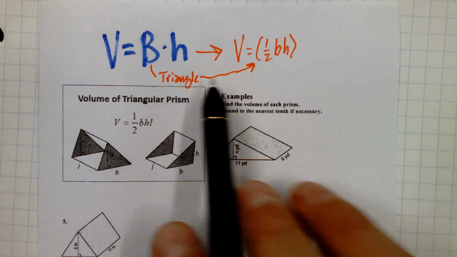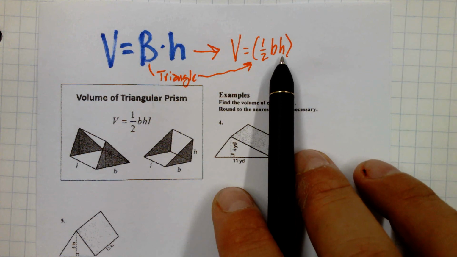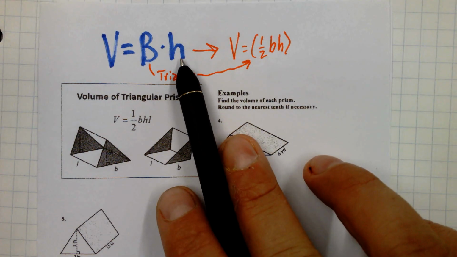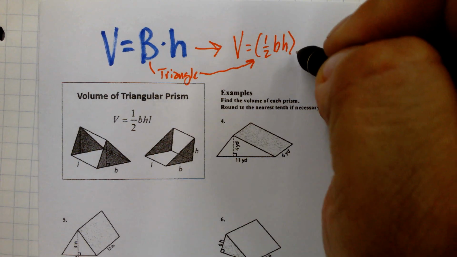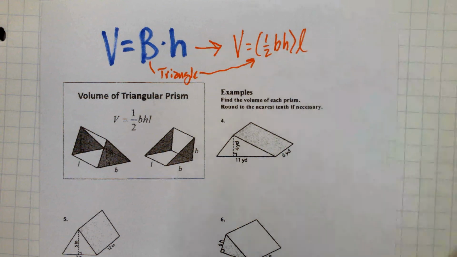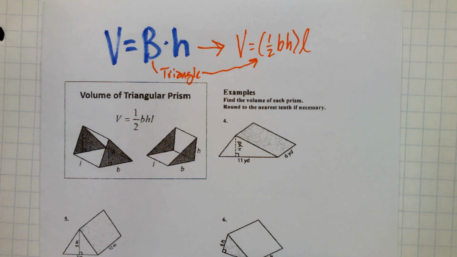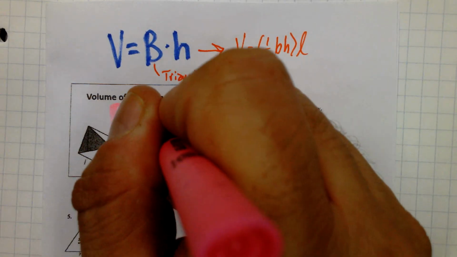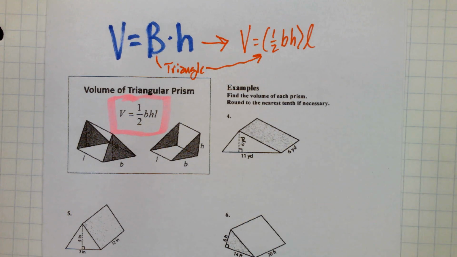And now we have a bit of a problem. We're using h here, right? So it's going to be confusing if we use h again. So usually what we do is we change the height of the prism to just a length. Call it L. And we end up with this formula. 1/2 base times height times length.